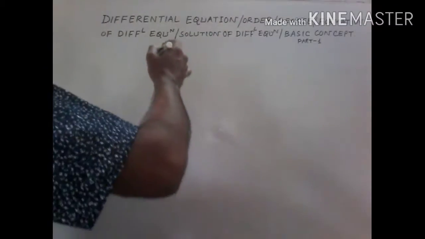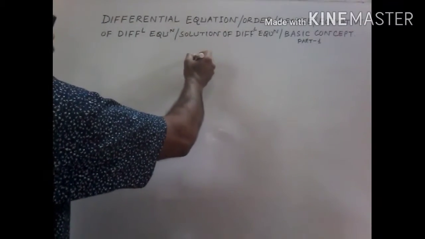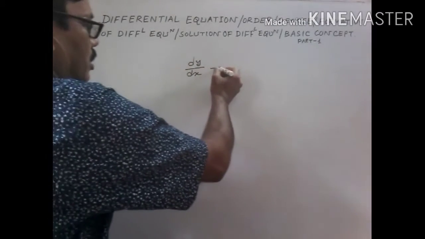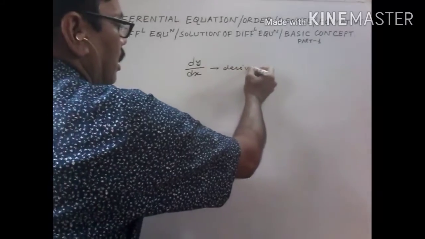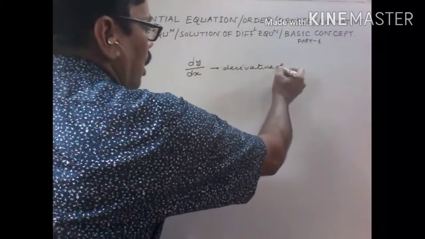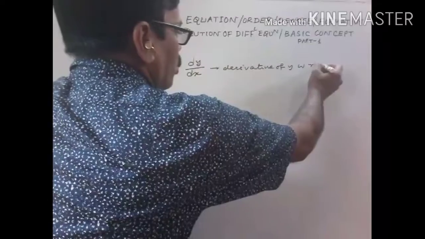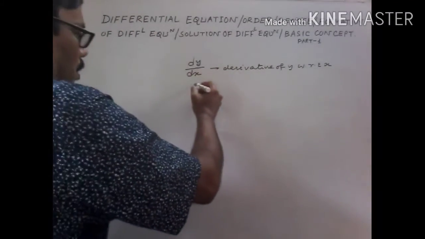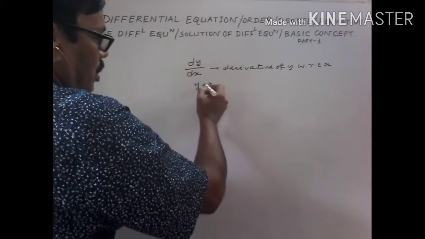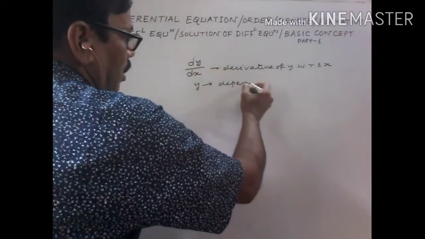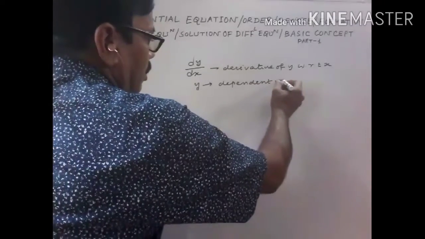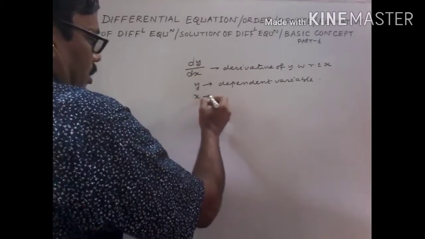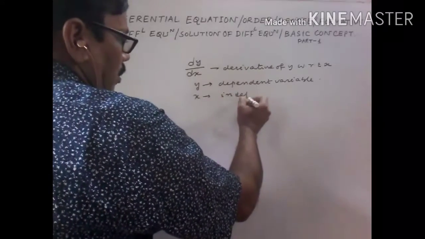So differential equation. Look, we know dy by dx is the derivative of y with respect to x. Here the variable y is considered as the dependent variable, and the variable x is the independent variable.